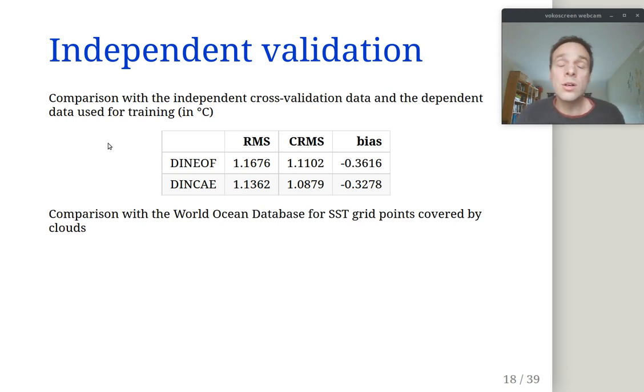We also validated the method using in situ data from the World Ocean Database, and we were able to show that the RMS error and the centered RMS error are a bit better using the DINCAE reconstruction.